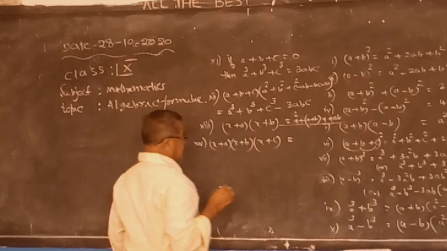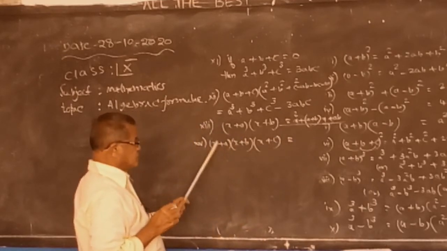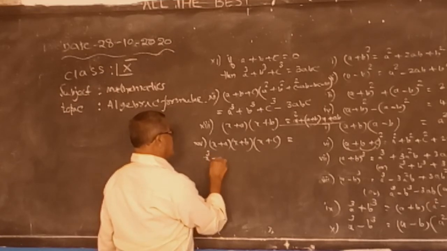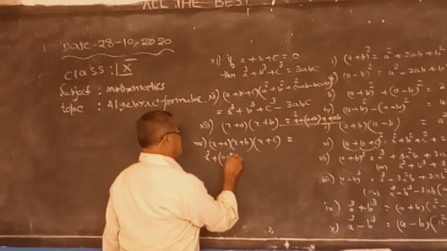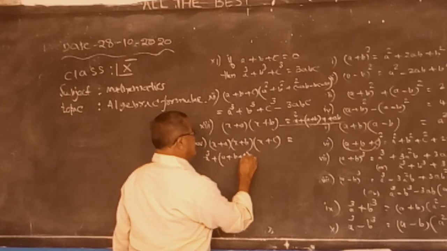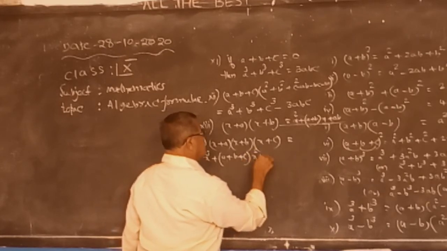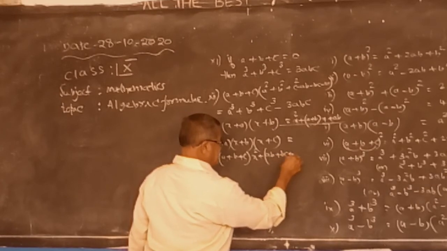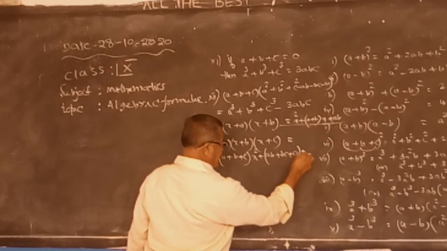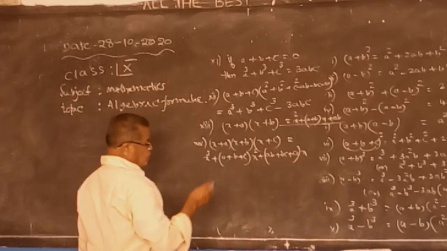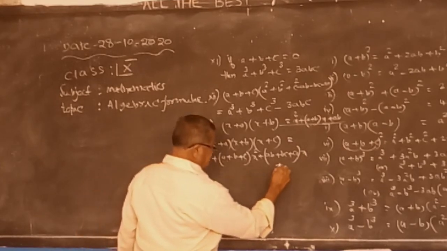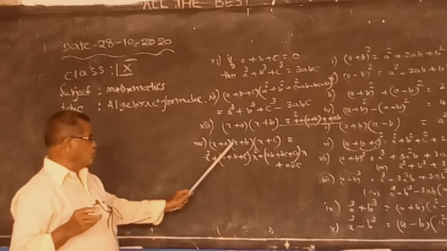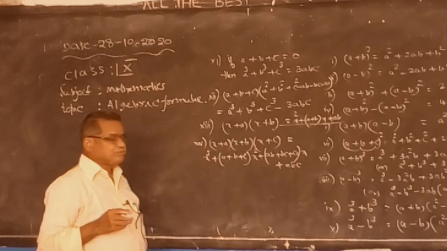Suppose there are three constants, so we get x cube plus (a plus b plus c) of x squared plus (ab plus bc plus ca) of x plus abc. Last is the product of a into b into c, abc.